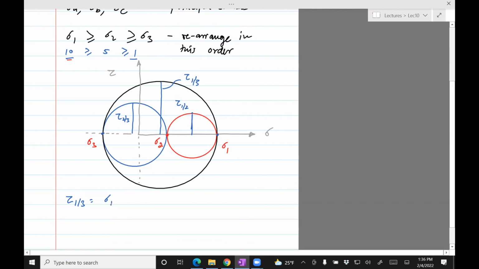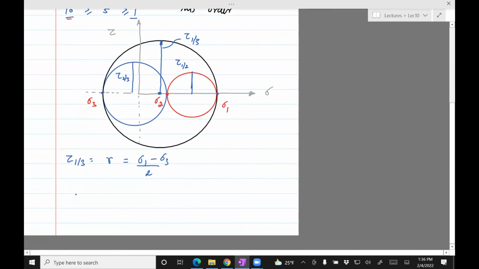So tau 1, 3 should be equal to, if you like, the radius, which is sigma 1 minus sigma 3 divided by 2. And then similarly, you can apply the same logic to find tau 2, 3, which will be sigma 2 minus sigma 3 divided by 2. And then tau 1, 2, which is sigma 1 minus sigma 2 divided by 2.